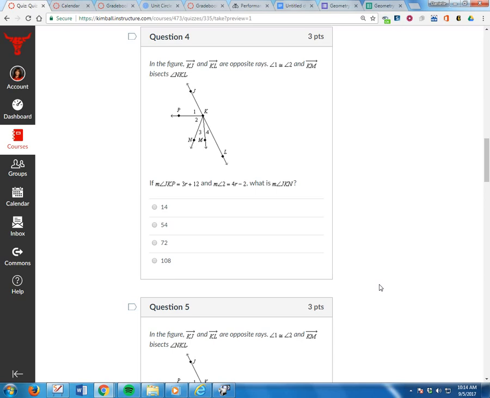But the question is, what is angle JKN? Well, JKN is the two added together, right? So once I figure out r, I have to plug it in to either one because they're the same measure, right? Once I know what that angle is, I multiply it by 2 because there's two of the same angle, right? What did you get for r?